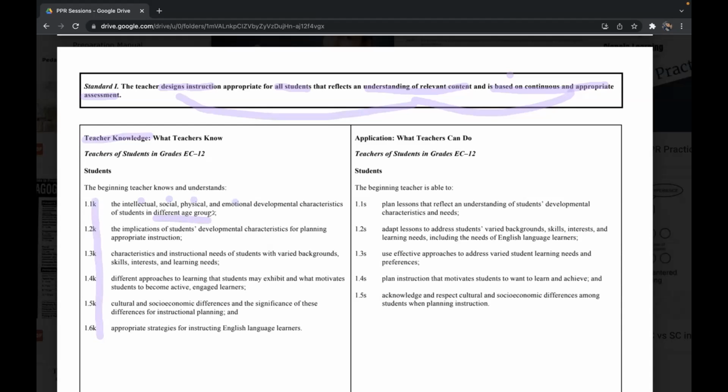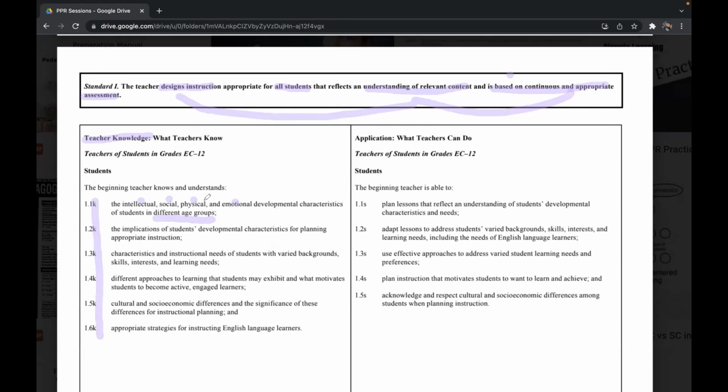So EC through 12, all of these different theories. The cognitive is intellectual. That's Piaget. What does Piaget tell us about the way that the brain works and the way that it develops? What does, I don't know if it's Erikson, tell us about social development, emotional development, physical development?